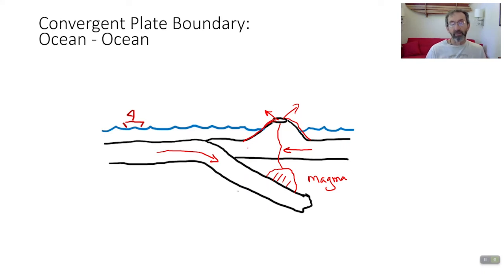So this is lava coming out of the volcano. Now, because it's two oceanic plates, this actually just forms a volcanic island. And in fact, as I'll show you, it's not just one island, it's a chain of islands. And so the technical term for this chain of volcanic islands is a volcanic island arc.